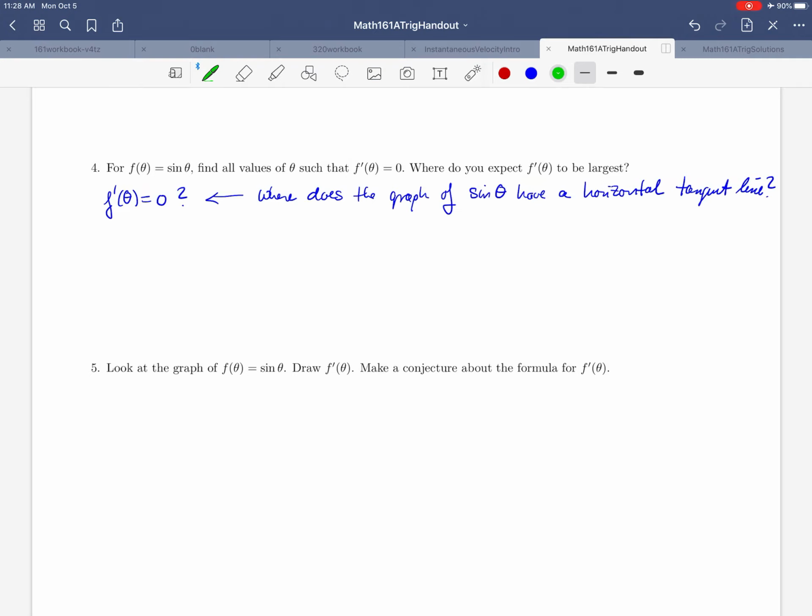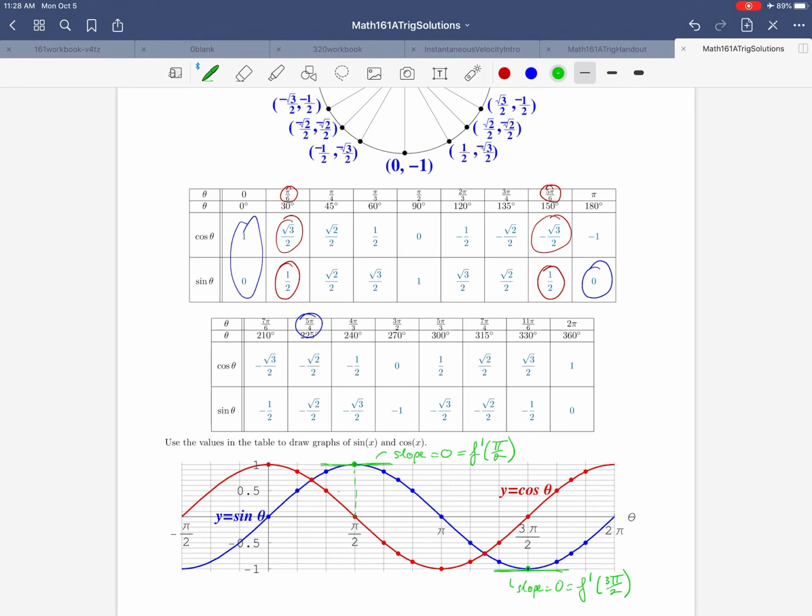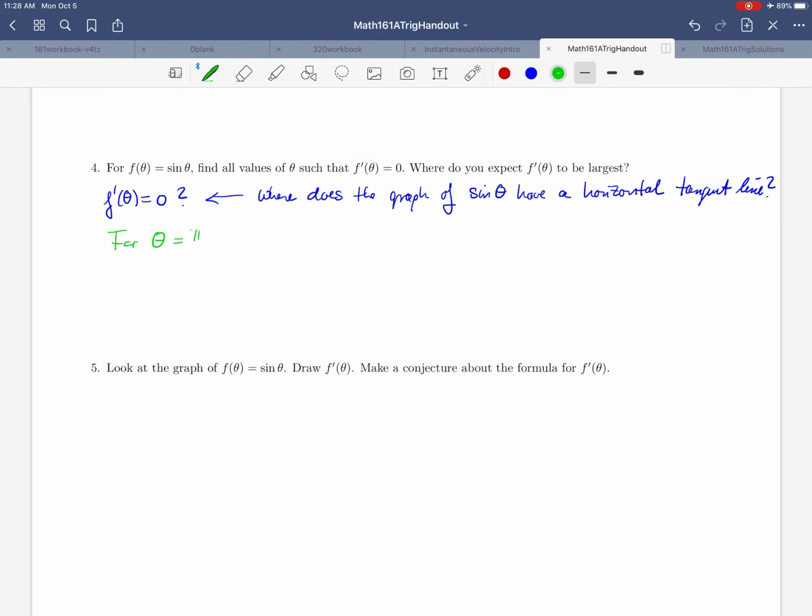It looks like for theta equals pi over 2 and 3 pi over 2, f prime of theta is equal to 0.